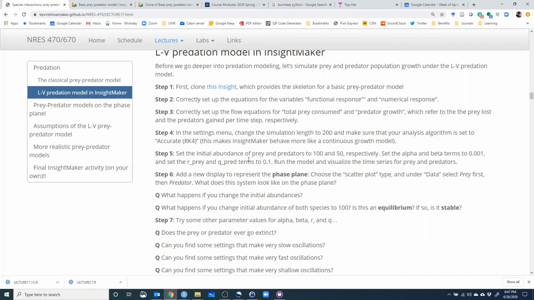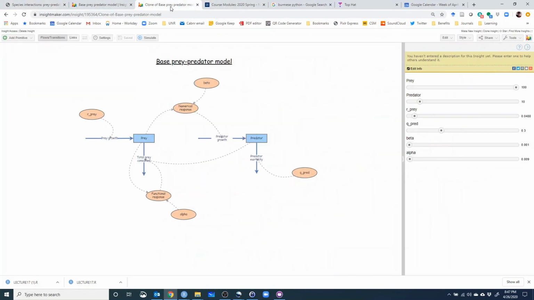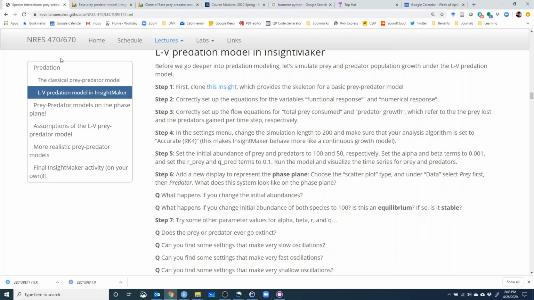So let's try to remember those things. We'll go back into this model here. I think the alpha and beta were both going to be set at 0.001. 100 prey, 50 predators, and the R and Q are both 0.1. Did I get that right? Let's look at that. Yeah, 0.1.